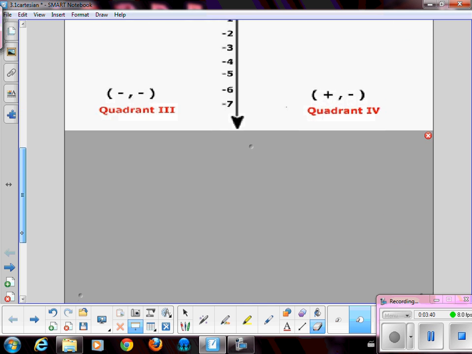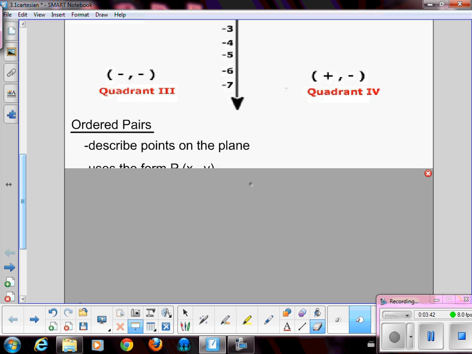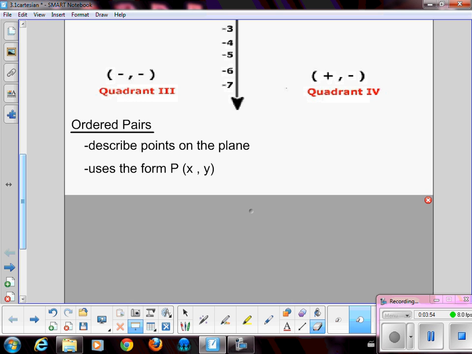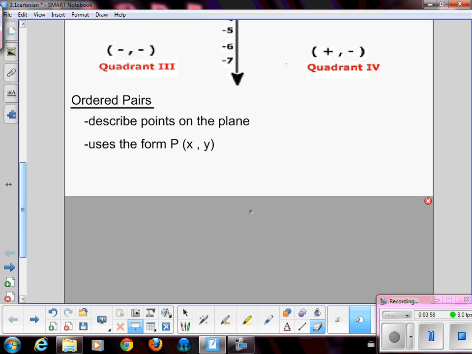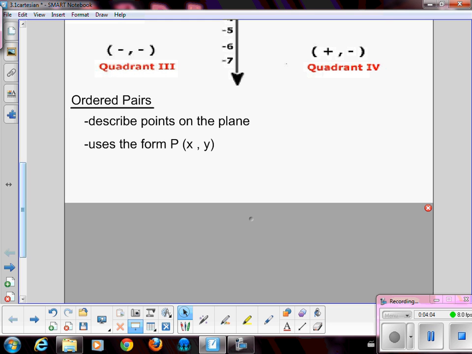Let's talk a little more about ordered pairs. Ordered pairs describe points on that plane when we graph them, and they use the form P(x, y).